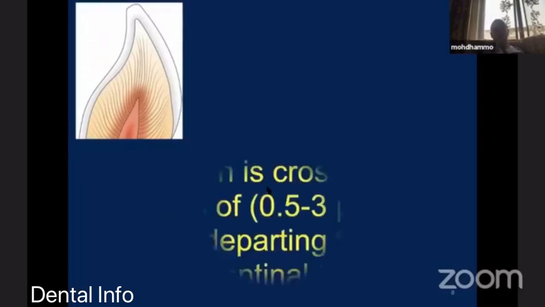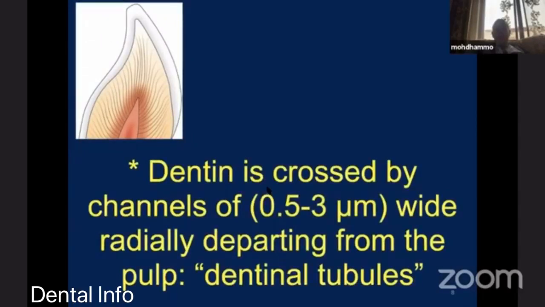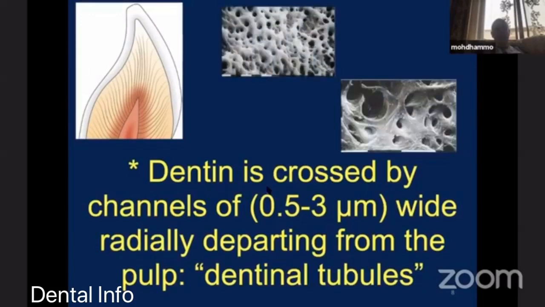So here is the dentin, and it is crossed by channels 0.5 to 3 micron in width, radially extending from the pulp. Those channels are called dentinal tubules. And if we go from the coronal part to the apical part, the width of the dentinal tubules becomes bigger.